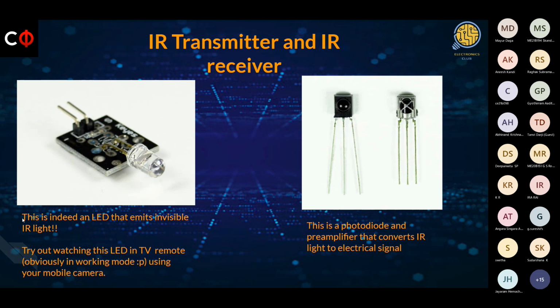The transmitter is indeed an LED, a simple LED that emits light in the IR region, which has wavelength greater than the wavelengths in the visible region. You would have known what the IR region is. The IR region is just the spectrum of light next to the visible region in terms of wavelength, so it has wavelength greater than that of visible light.